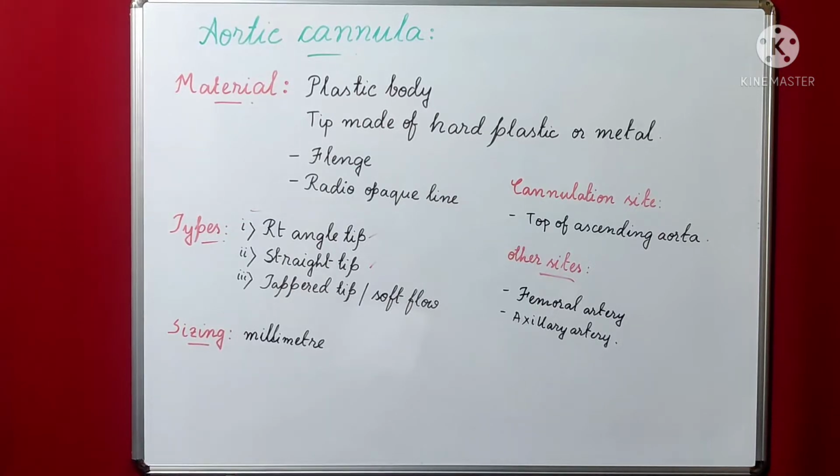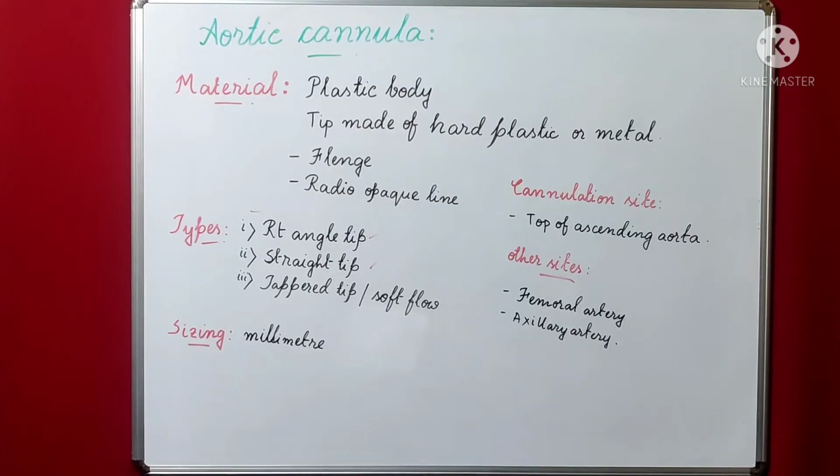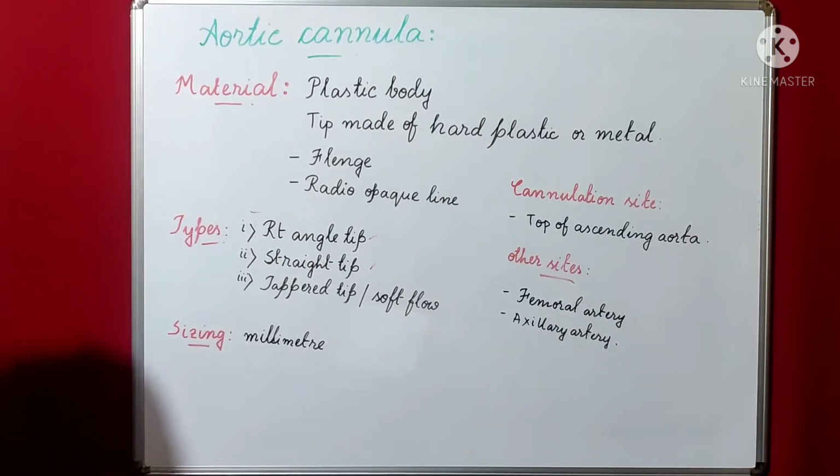But to be more precise about the site of cannulation, it should be within the pericardial reflection on the aorta, where the pericardium is fused with the anterior surface of the aorta.